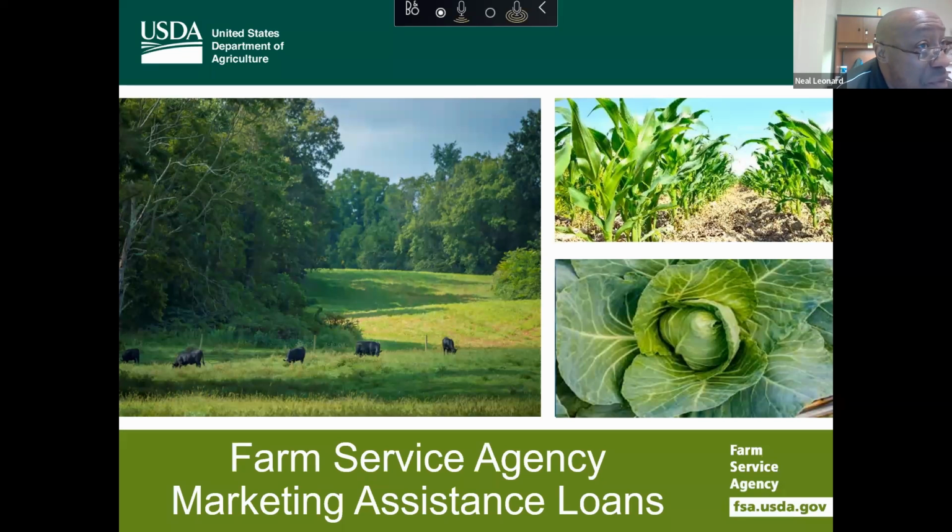So there are a number of disaster programs that we have. And I'm going to go on and mention also, we have the Emergency Forest Restoration Program, the EFRP. We didn't even talk about that, but those are for people who have forest land, that may have pine trees or something like that. That's for forest trees.